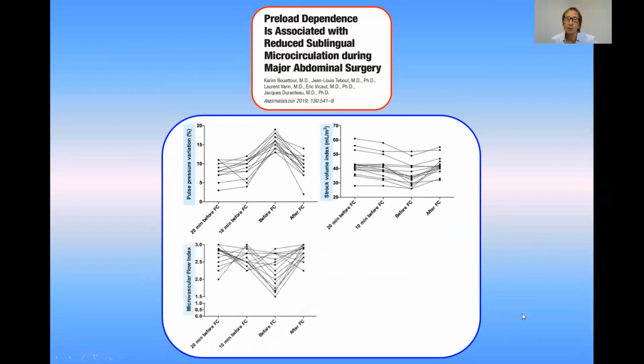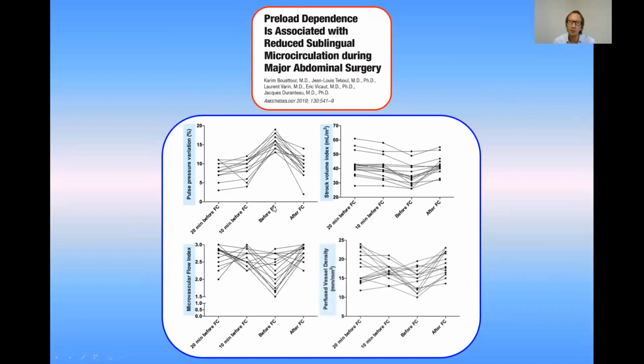We also measured variables of the microcirculation of the sublingual territory, using the same technique as described before. And again, the microvascular flow index decreased during the episode of instability, paralleling the increase in PPV, and also the same for perfused vascular density, which decreased during the episode of hemodynamic instability, and all the microcirculatory variables improved after fluid challenge.